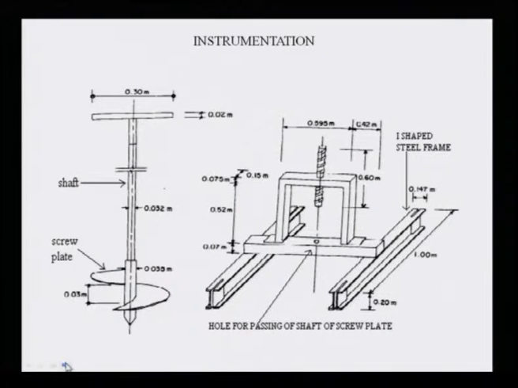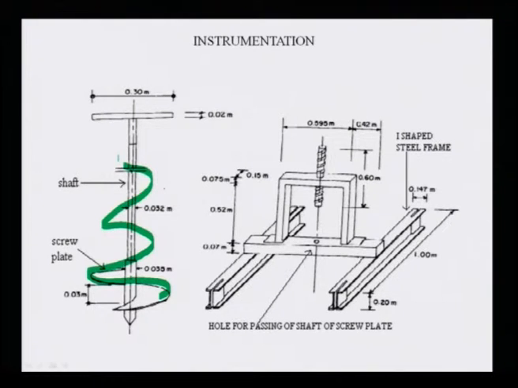Look at here, the screwed plate, it is put in a shaft, so it has been pushed. Then the plate load test is done by means of the earlier procedure for the regular plate load test, the same procedure has been applied.